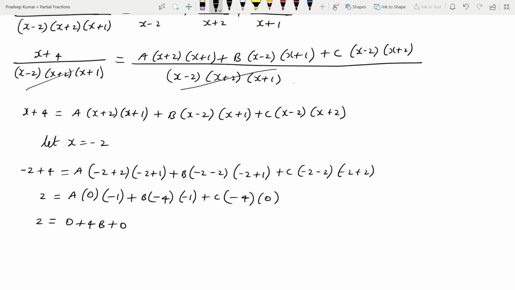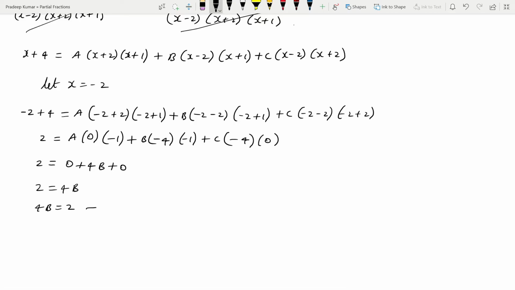So finally we are getting 2 equal to 4B. So 4B is equal to 2. Further solving this, B is equal to 2 by 4. So 2 ones are 2, 2 twos are 4, so we are getting the B value as 1 by 2.